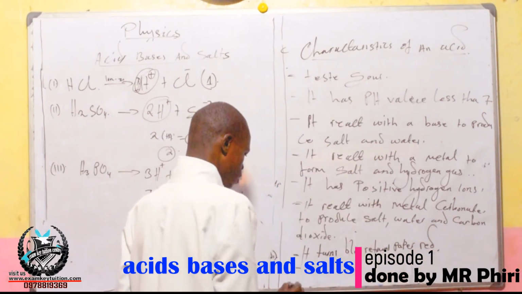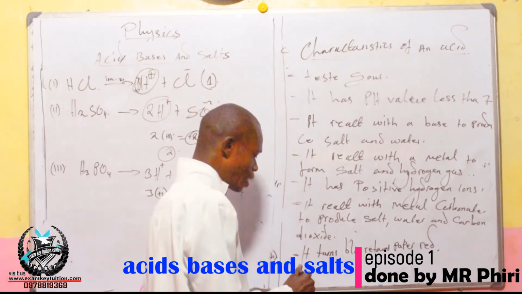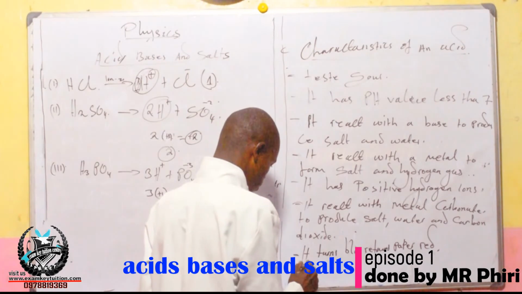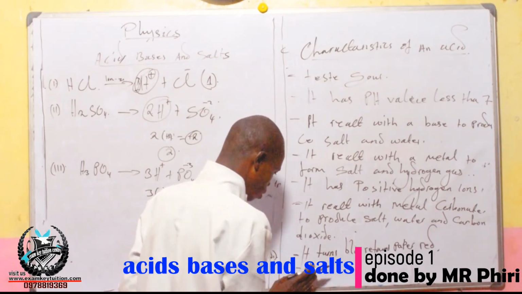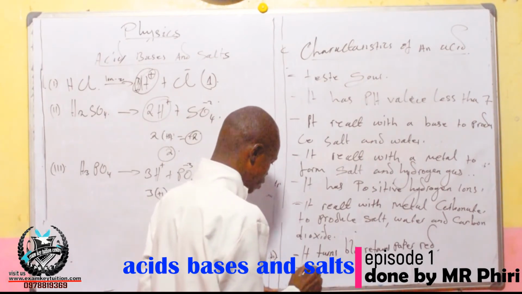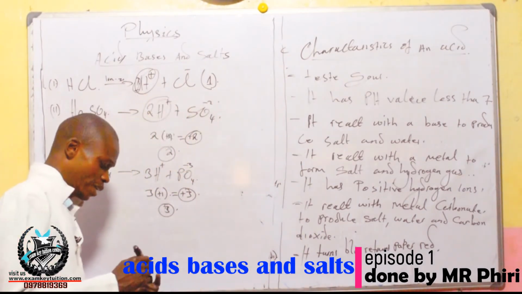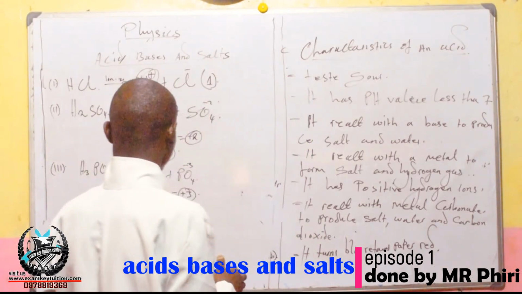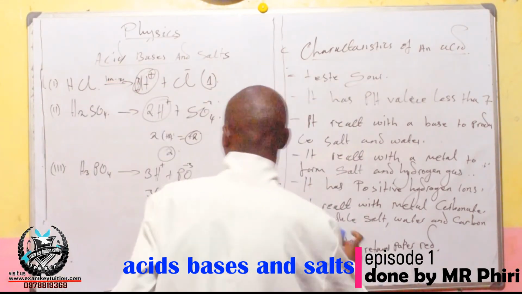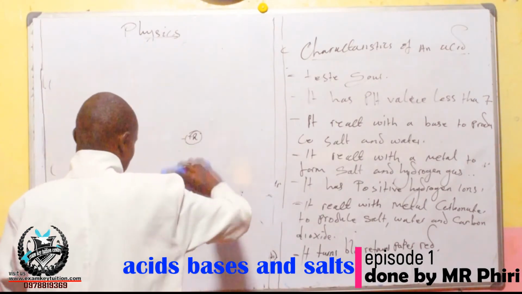But what if it is red litmus paper? It remains unchanged. So if it is a red litmus paper, it remains red. It doesn't turn, just so as to say it is an acid. So these are the properties or characteristics of acids.